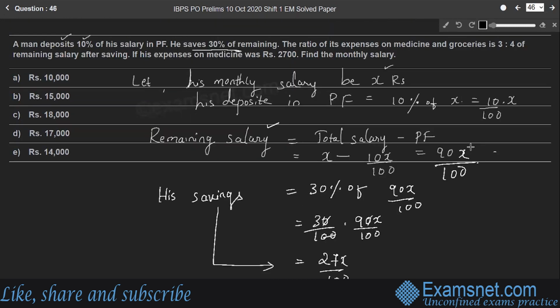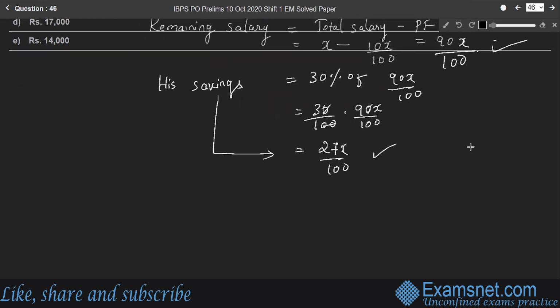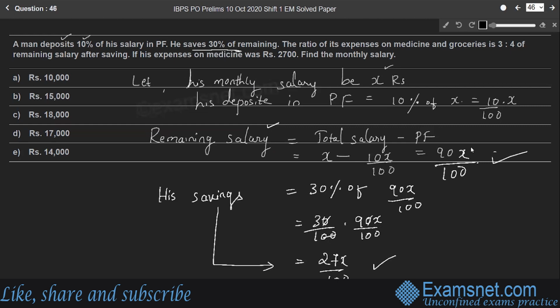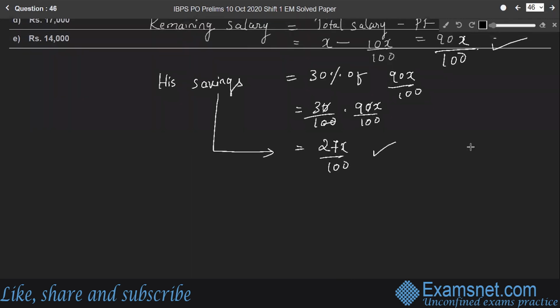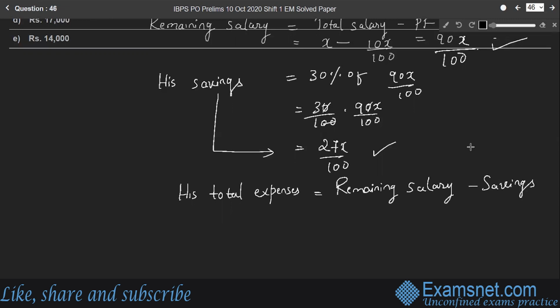So what is his expenses? In the remaining salary, 27x by 100 will be his savings, right? His expenses are on medicine and groceries. So before going to medicine and groceries, his total expenses is equal to remaining salary minus savings, right?